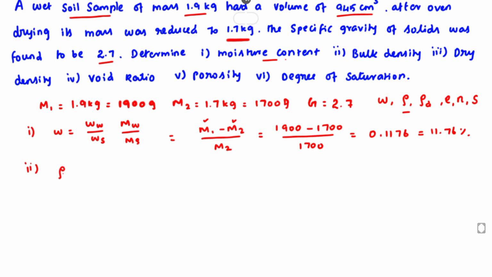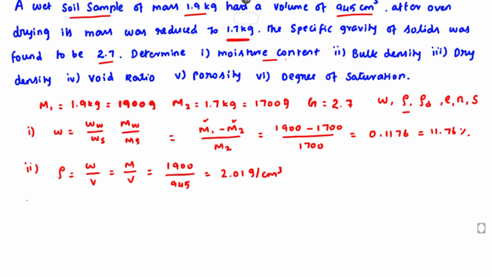So rho equals weight by volume, so that is mass by volume. Weight by volume is the unit weight and mass by volume is the density. Bulk density equals 1900 divided by the given volume, that is 945. So now we got the value of 2.01 gram per centimeter cube.